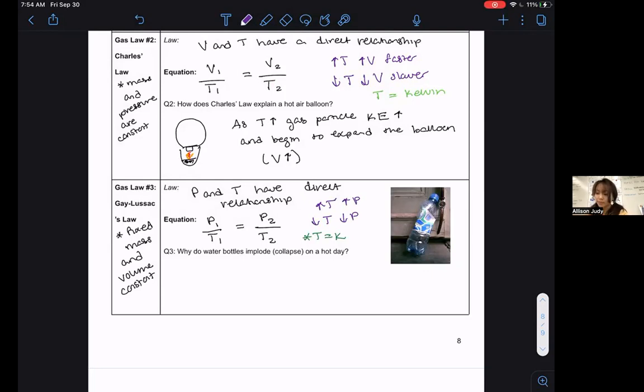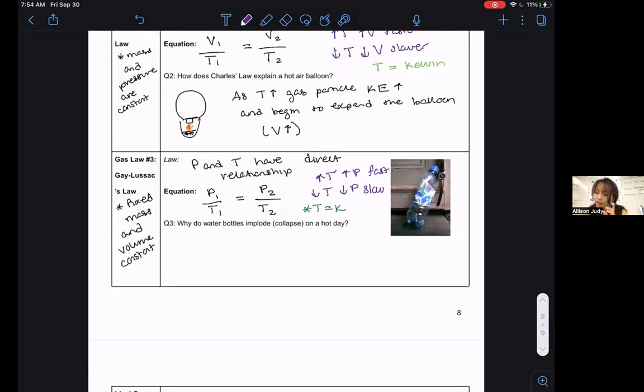And here's why. When I increase temp, I have faster particles, more collisions. When I decrease temperature, I have slower particles, less collision, less impact against whatever container is being measured, whatever boundaries of volume are being measured, right?